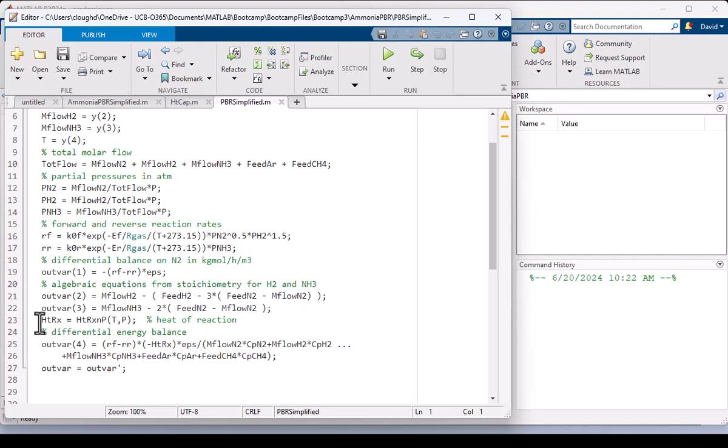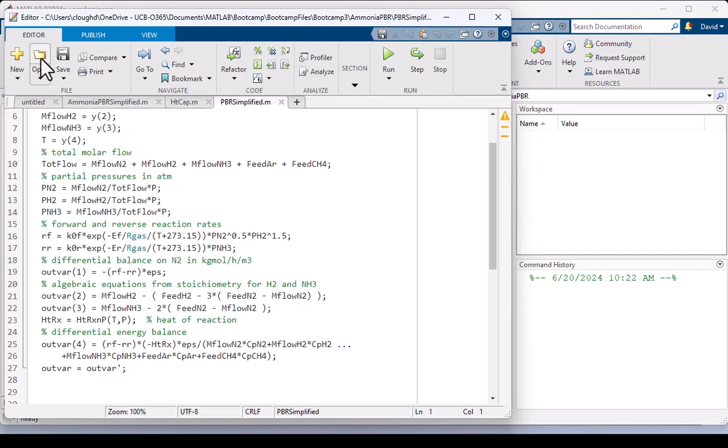And then we come down and we say we have to compute the heat of reaction. And because we're going to use that down here in our energy balance, yielding the derivative of temperature with respect to volume. You'll notice that takes advantage of a function called HTRXNP.